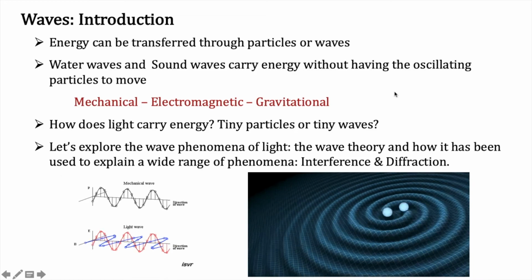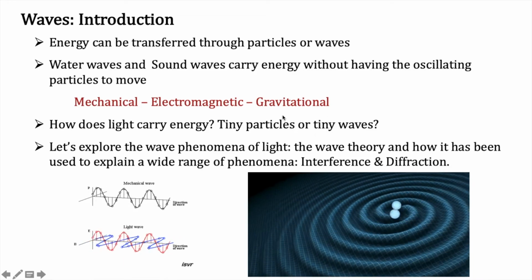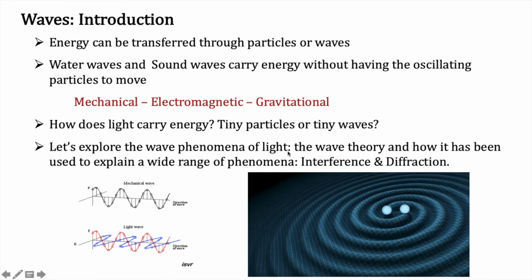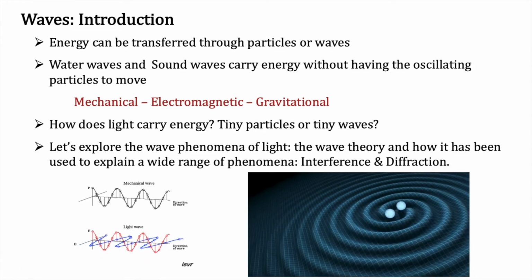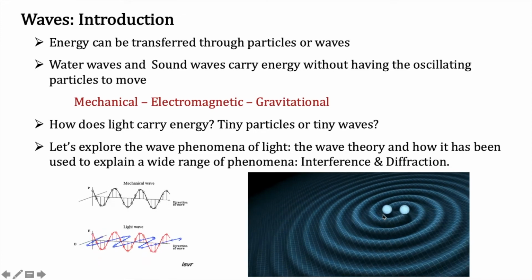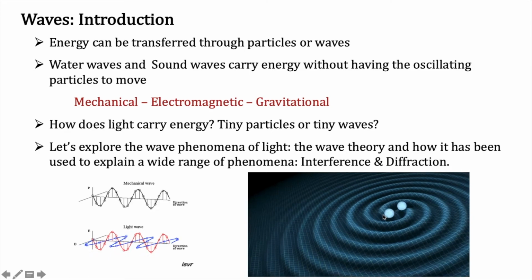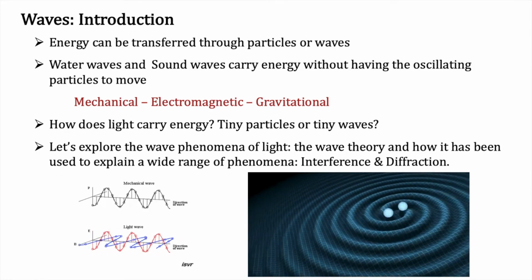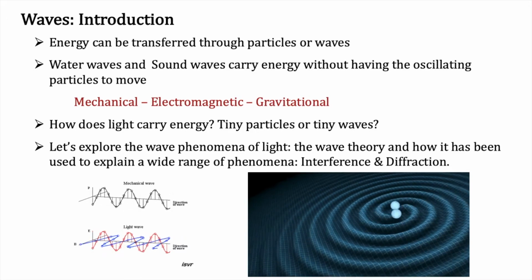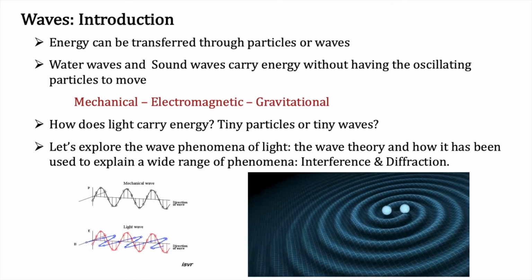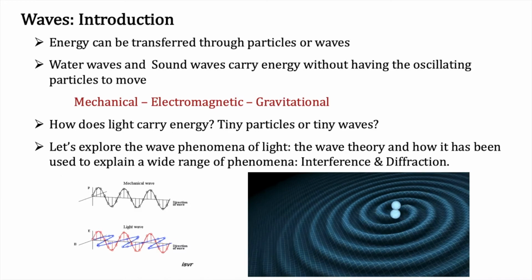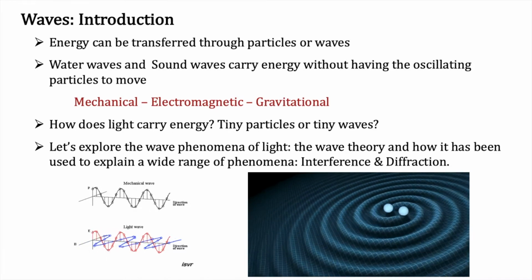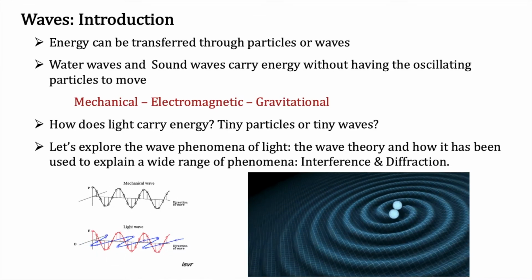And there is a third one, the gravitational wave. Gravitational waves are created when two very massive objects like neutron stars or black holes come to a violent end. They create ripples in the fabric of space-time, and these ripples travel outward as gravitational waves.